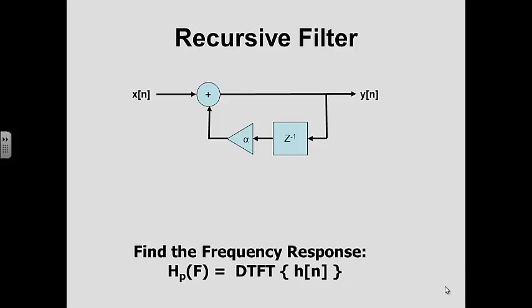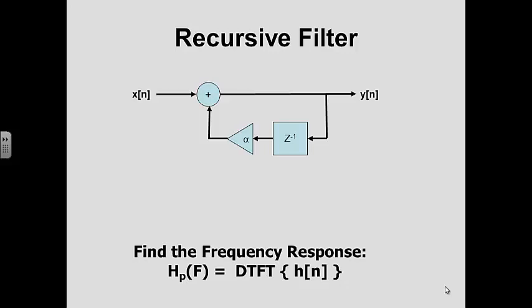So for that, we found H of F. We found that by doing a sum from n equals minus infinity to plus infinity of h of n e to the minus j 2 pi n capital F. So for our FIR filter, we plugged in the couple non-zero sample values for h of n into this expression. We got a sum of exponentials, and we're off and rolling.